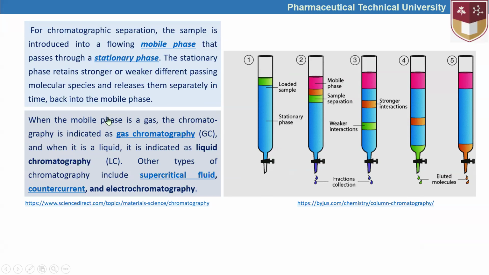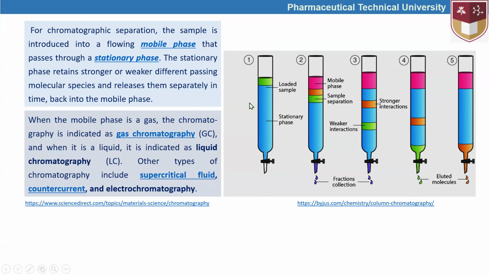Okay, for chromatographic separation, the sample is introduced into a flowing mobile phase that passes through a stationary phase. The stationary phase retains the different passing molecular species more strongly or weakly and releases them separately in time back into the mobile phase.